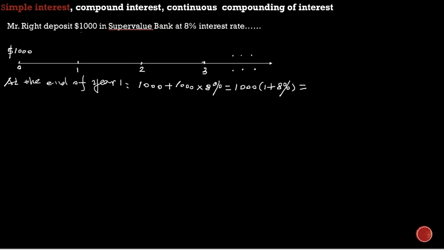It is 1080. So at the end of year 1, Mr. Right is going to get $1,080. So what will he get at the end of year 2?